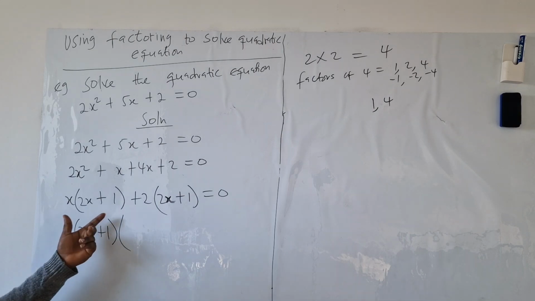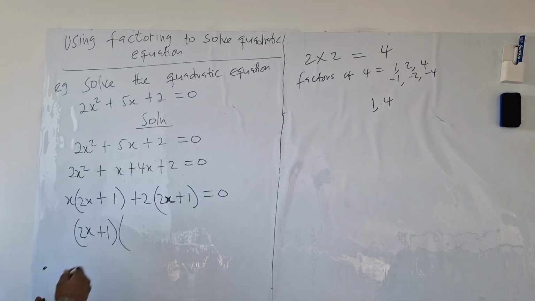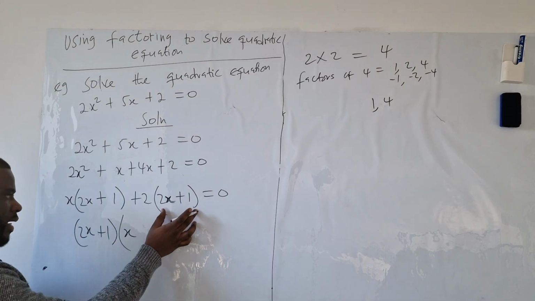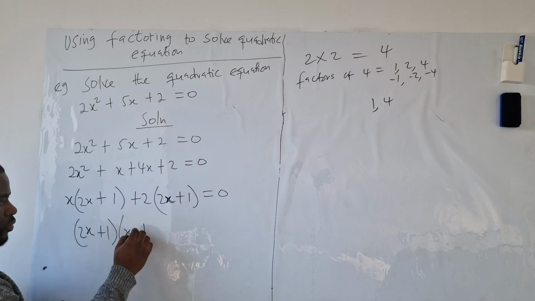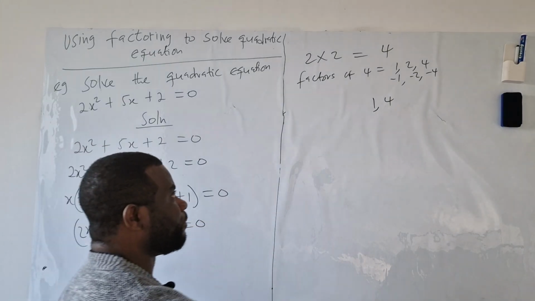Then when 2x plus 1 is factored out from this term, what will be left there? We have x here. What of this one? If we factor this one out, what is left there? Plus 2. And the whole expression is equal to 0.